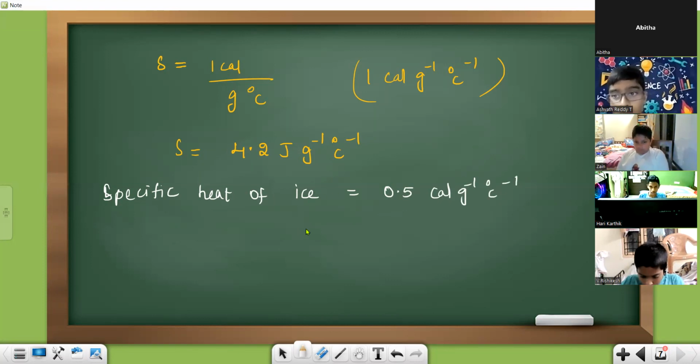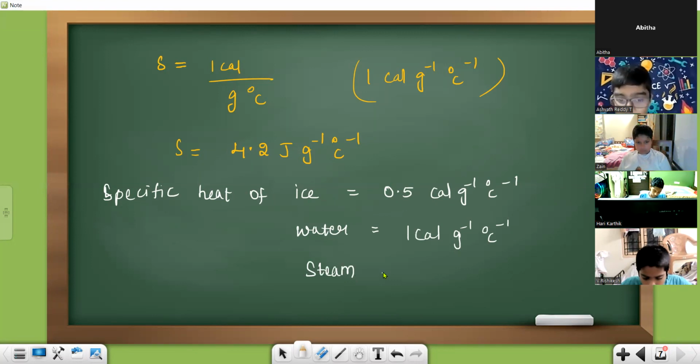The same ice, if it is in liquid form, that is water, is 1 calorie gram inverse Celsius inverse. If it is in the form of steam, its value is 0.47 calorie gram inverse Celsius inverse.